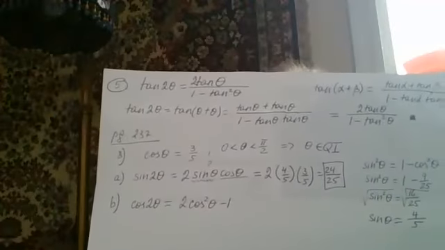I'm going to write it down: 2 cosine squared theta minus 1. This is the application of formula number 4. And I'm going to plug in that given value, so it will be 2, parenthesis, 3/5 squared, which is 9 over 25, close parenthesis, minus 1. Now I'm multiplying: 2 times 9 is 18 over 25 minus 1.